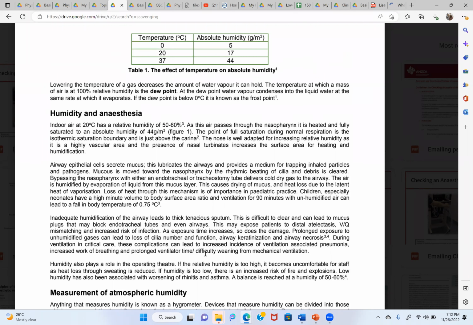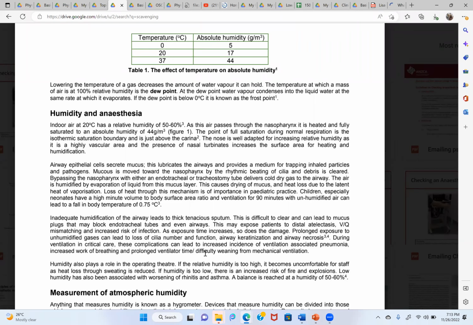Children, especially neonates, have a high minute ventilation to body surface area ratio, and ventilation for 90 minutes with unhumidified air can lead to a fall in body temperature of 4.5 degrees centigrade. Actually, this is a summary: whenever this system is bypassed and your airway is facing the direct effect, the air which is coming will take its component of humidity, and this will result in dryness. At the same time, there will be heat loss as well.